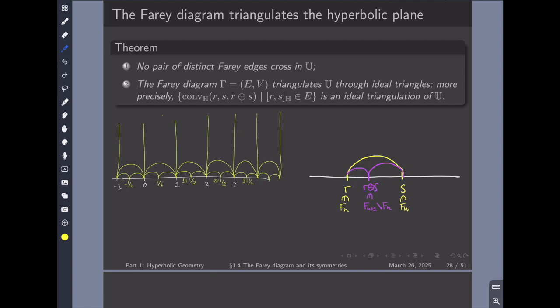So at least we have this, and the fact that they triangulate. And that's probably already obvious.